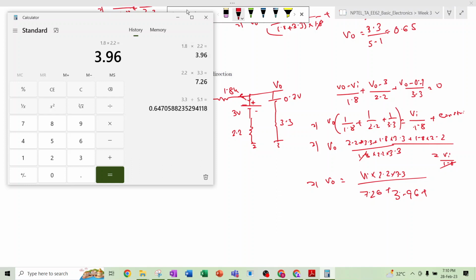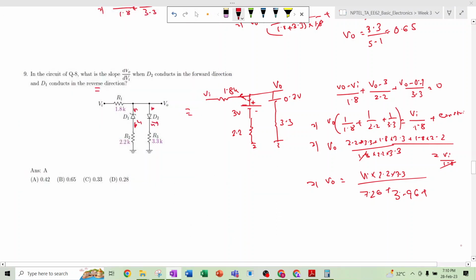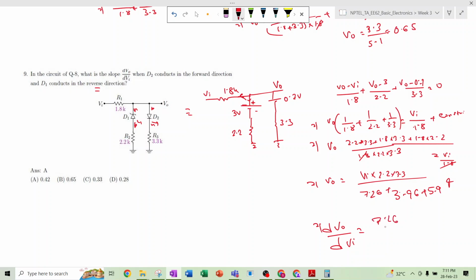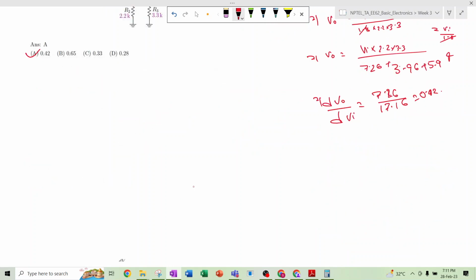I am using the calculator actually. This one is 5.94. So now if we do dVO versus dVI, it will be 2.2 into 3.3, which is 7.26, divided by, if we add, 17.16, so it is close to 0.42. So yes, this will be the answer, right?